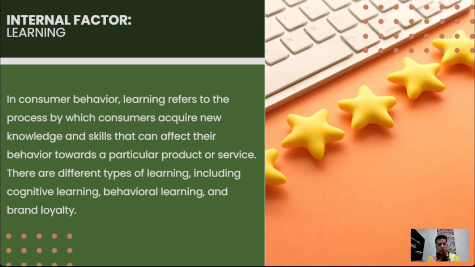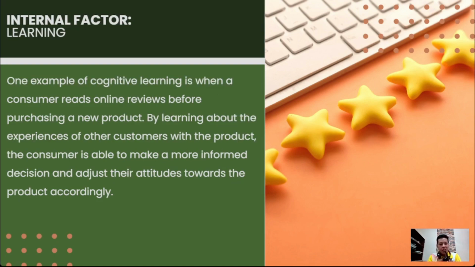And so good ratings and good reviews will allow that learning to expedite, in a way that consumers and customers, as they look at the experiences of others, will learn. Now, one example of cognitive learning is when a consumer reads online reviews.